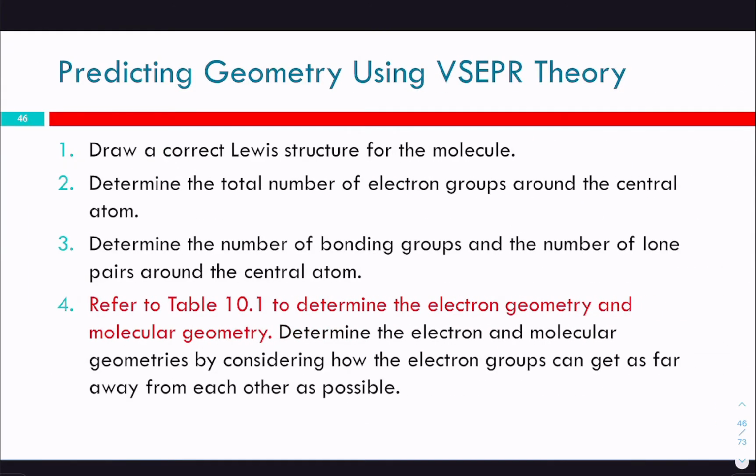So when we're trying to predict geometry, whether it's trigonal planar, tetrahedral, bent, or linear, the first step is to draw a correct Lewis structure. So on an exam, I would give you a question like, draw the Lewis structure for this and predict the geometry, just like it is on the Lewis dot structure worksheet. So you have to first draw the correct Lewis structure, getting all of those electrons, arranging them, figuring out how things are bonded correctly to get 8 valence electrons.